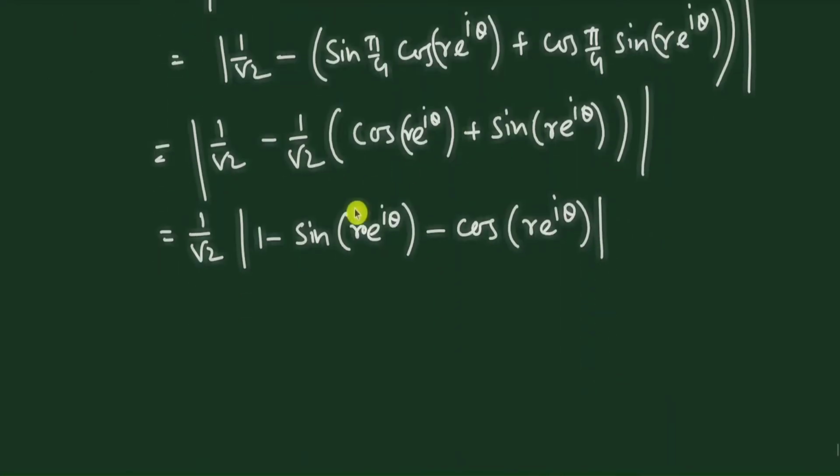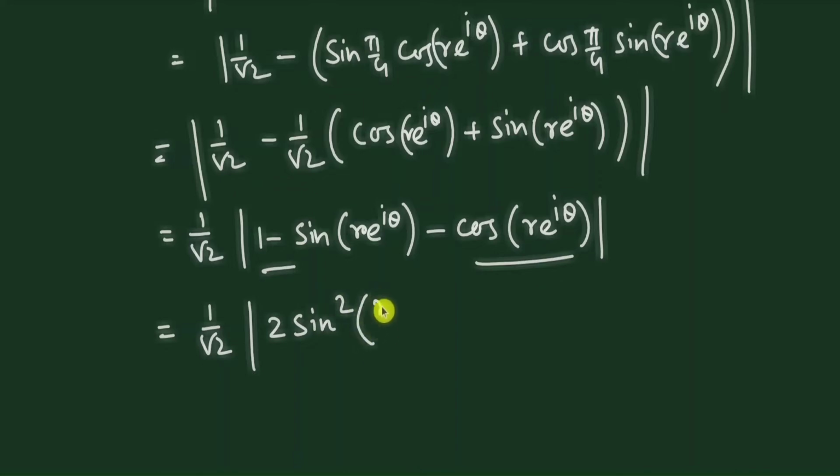Now we can write 1 minus cos theta, which is equal to 1 by root 2 into 1 minus cos 2 theta, meaning 2 sine square of r e to the power iota theta by 2, minus sine of r e to the power iota theta.